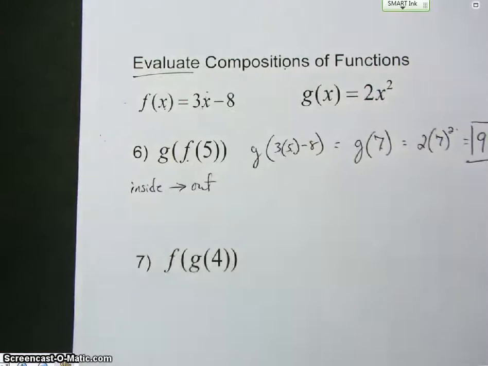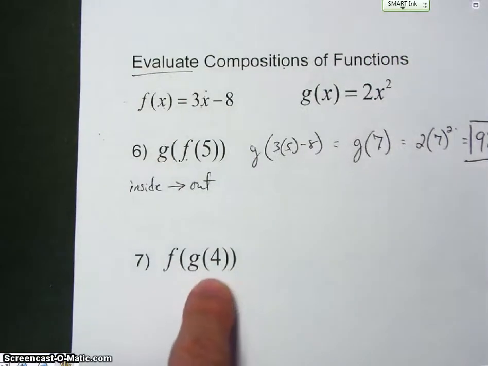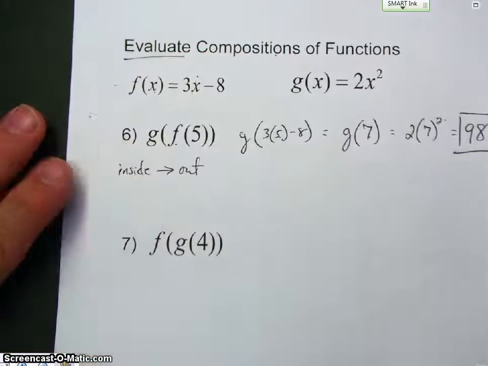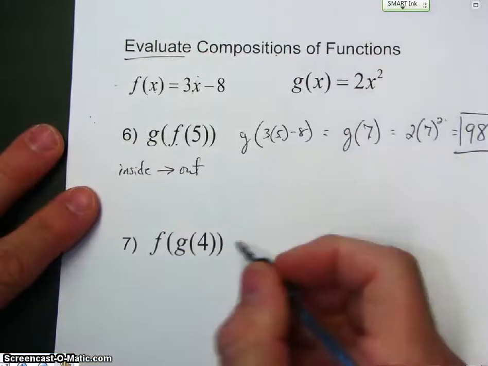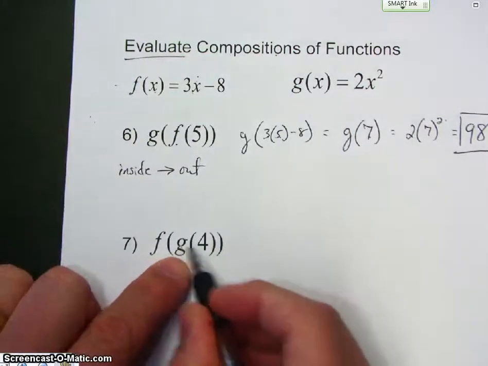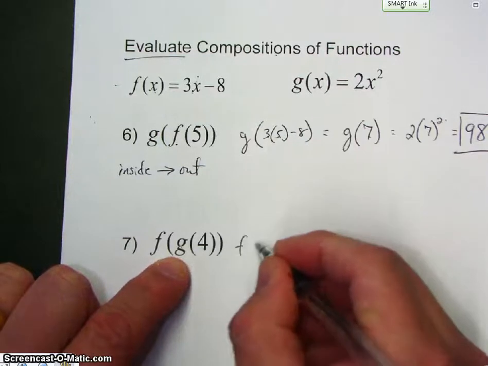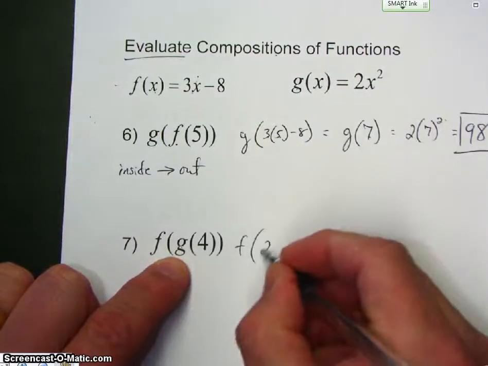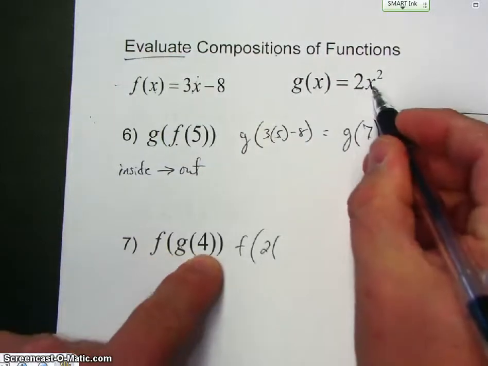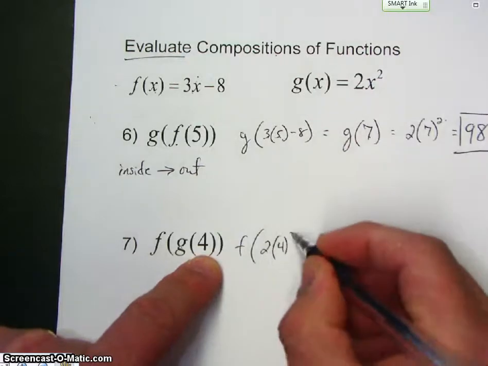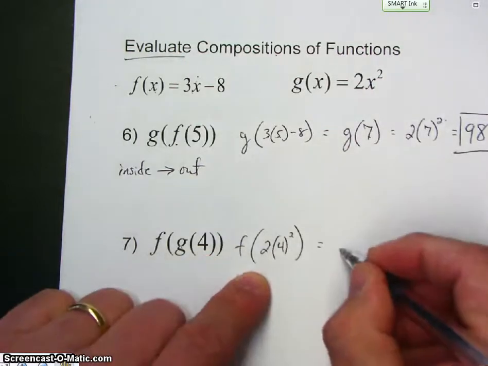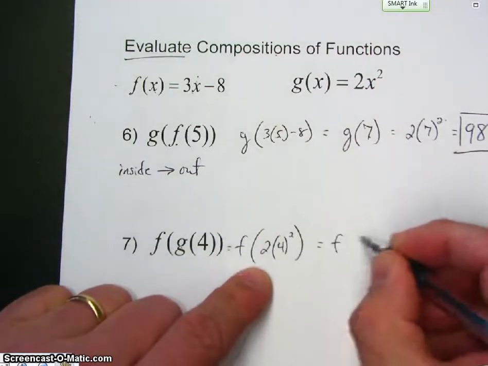Now what I want you to do is hit pause, try number 7, hit play, and then we can compare your results. So this says I'll do g first. I'm going to plug 4 into g. So here's g, and keep f. We're going to do 2 times, put the 4 here, squared.